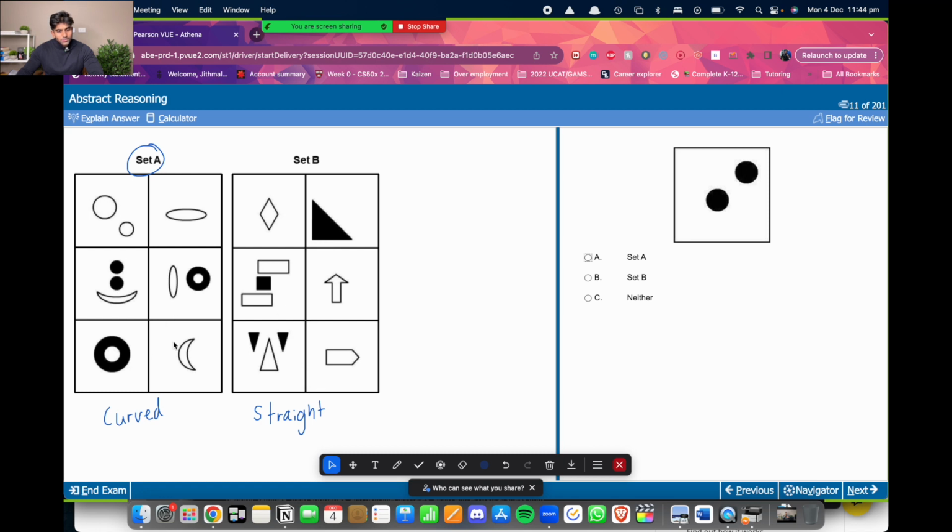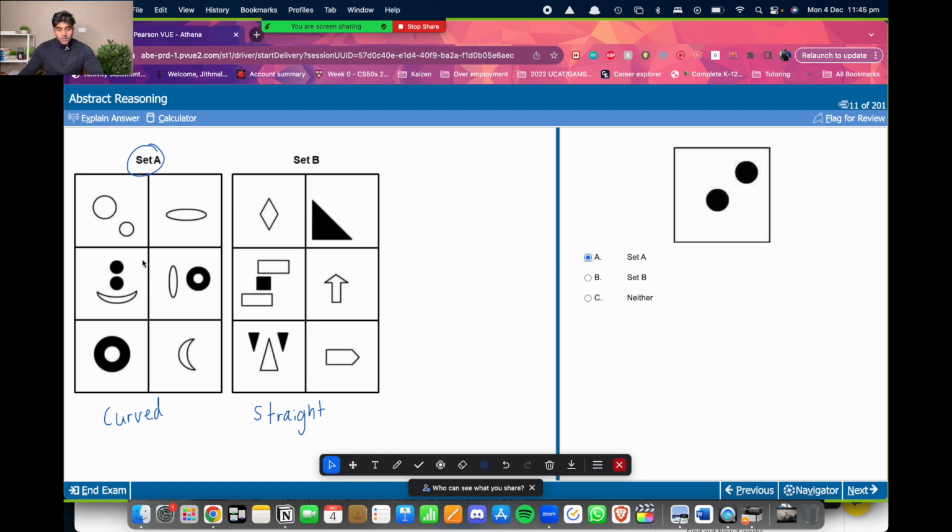There's only odd shapes here, but there's odd and even ones here. So usually if it's not a contrasting pattern, that might not be the pattern that they want. But the main one that they're looking for here is curved versus straight. So this one's going to be curved in set A, this one's going to be straight in set B. So all the shapes here are curved. So I'd go with A.